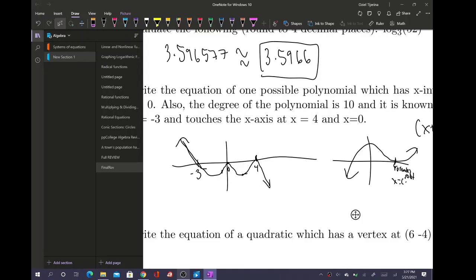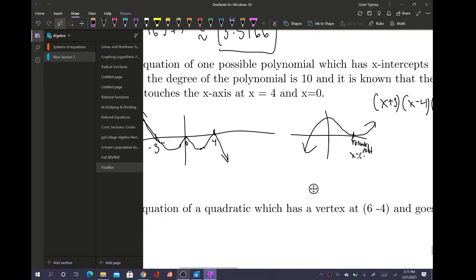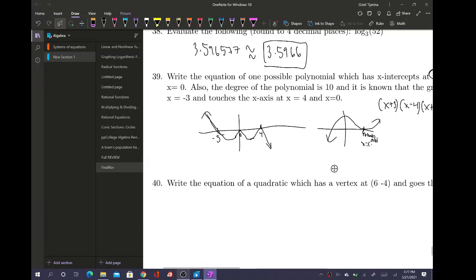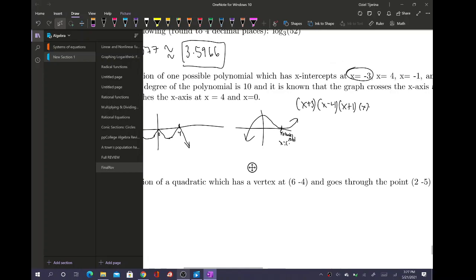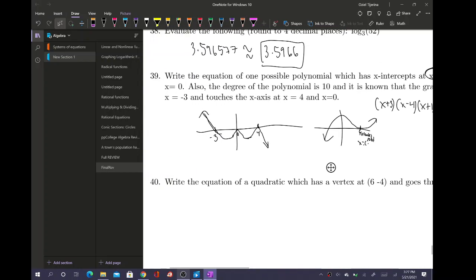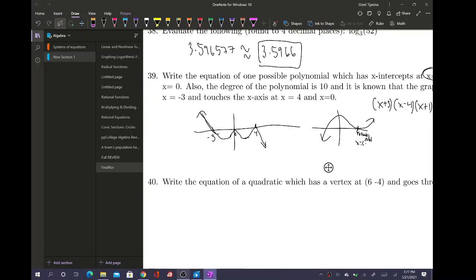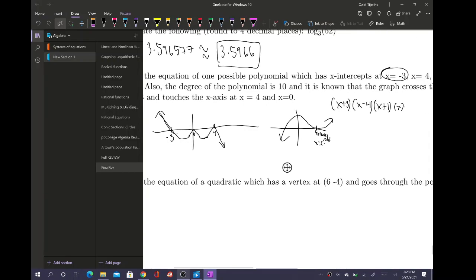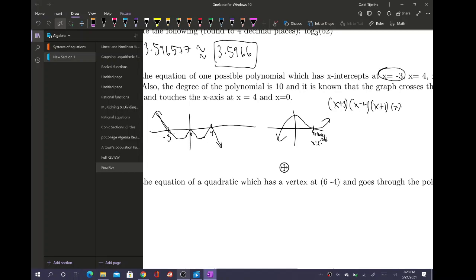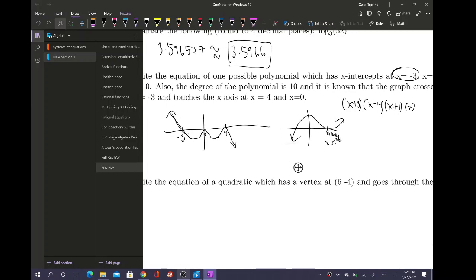Because this is a polynomial of degree 10, and it's saying that it touches the x-axis at x equals 4 and x equals 0, and it crosses the x-axis at x equals -3.